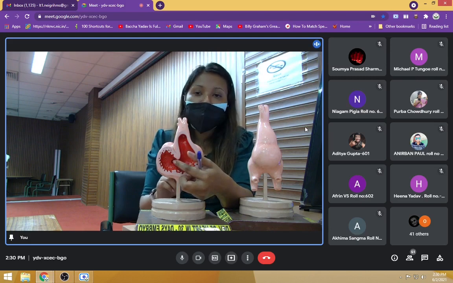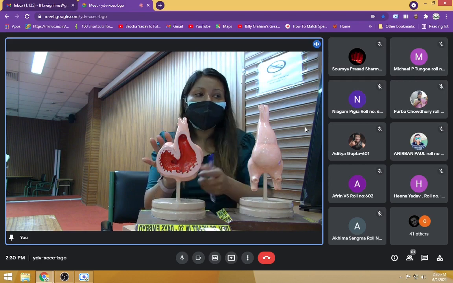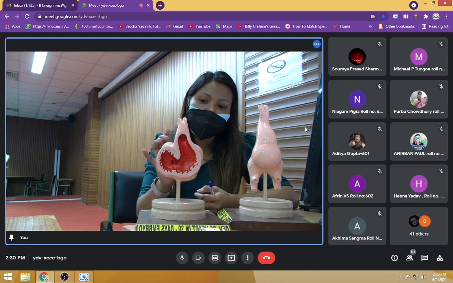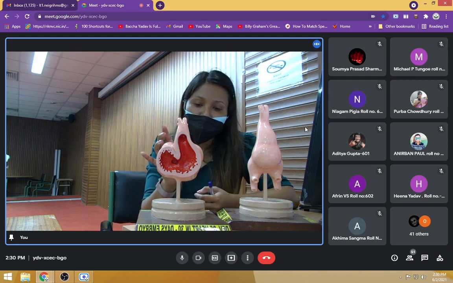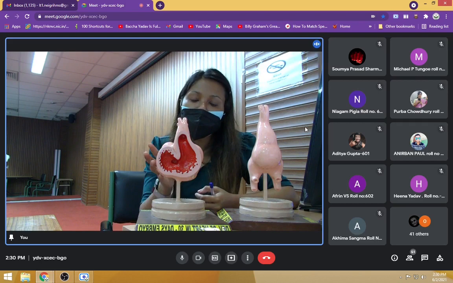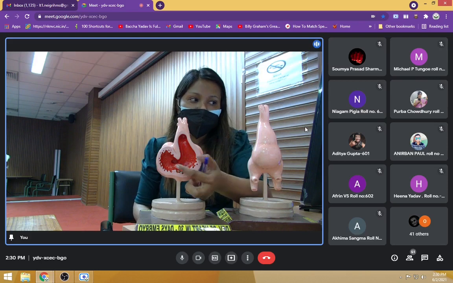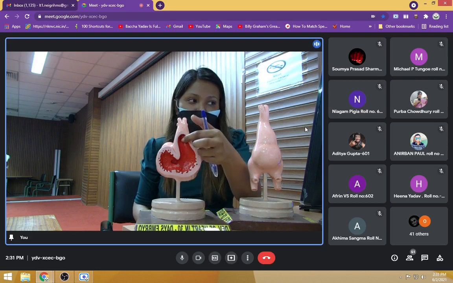Atrioventricular orifice. Okay. So if this model comes, you have to tell that this is the heart after the cardiac looping has occurred. And in this model, we can see the ventricles. These are the ventricles. This is the bulbus cordis.